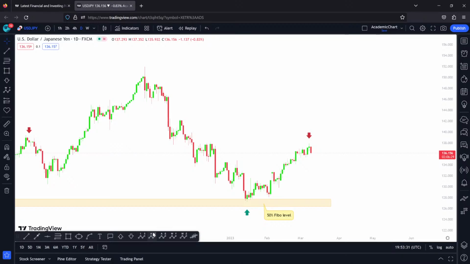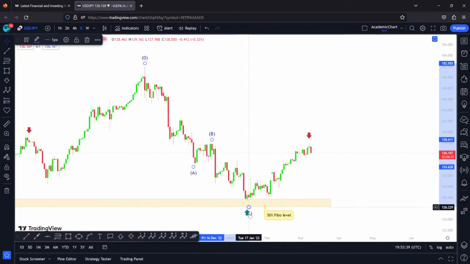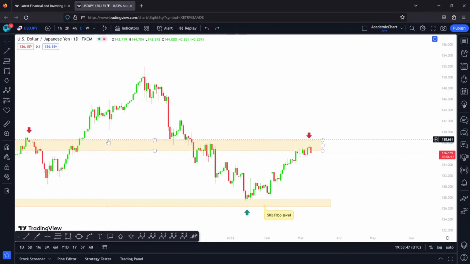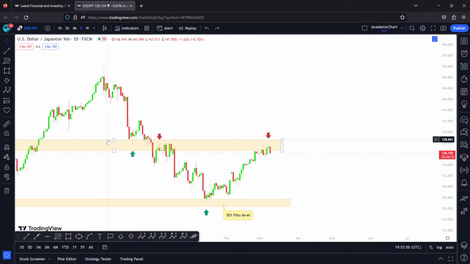If I want to count it as ABC, because I know it is a correction, I would say this is some sort of B, and this is probably going to be the C point. Let's redo a little bit and bring these things back, because they're also important.